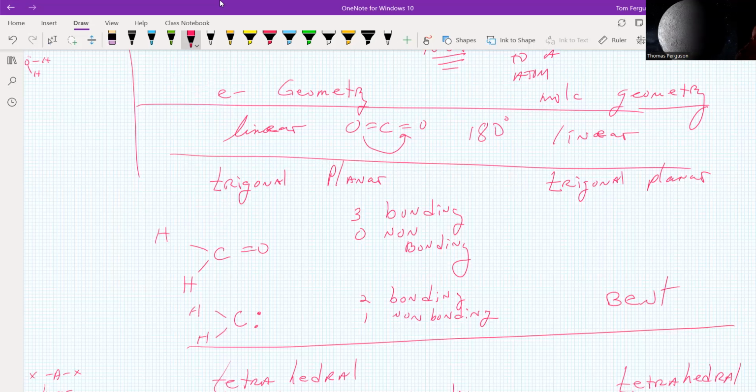Okay, what do you think this bond angle is? 360 divided by 3 is 120, right?